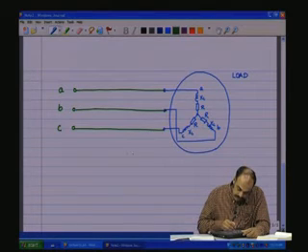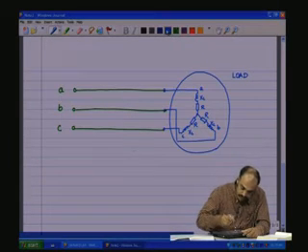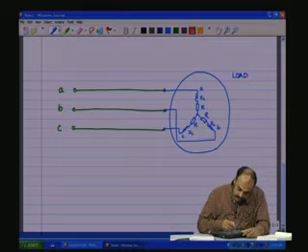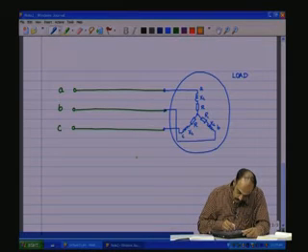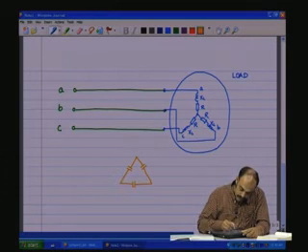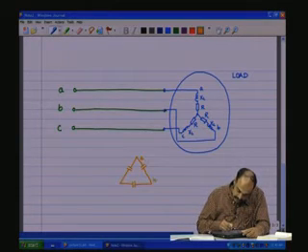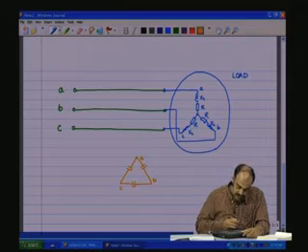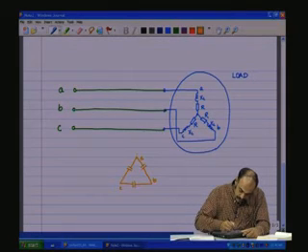So, let us have the capacitors connected in a fashion as shown here. Let us connect 3 capacitors in delta as shown here. Let us call these A, B, C of the capacitors, and let us link it up.